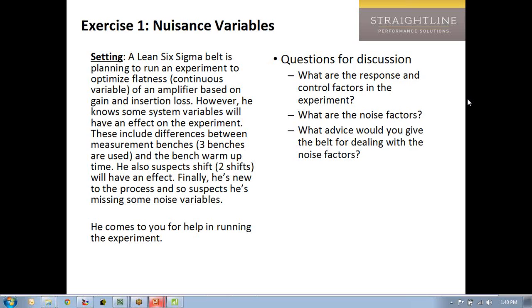I wanted to choose something perhaps a little outside of your comfort zone, so you can talk about what the response is, what the factors are, what the levels are, what the noise factors are, and think about how, even though you may not know anything about this particular industry, you can still recommend a reasonable experiment to this person.